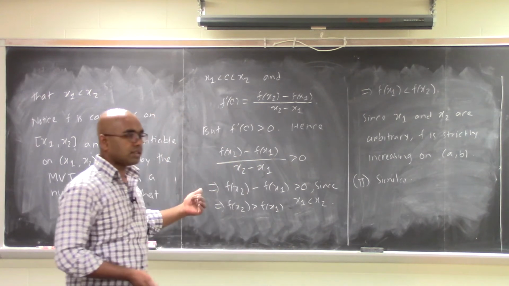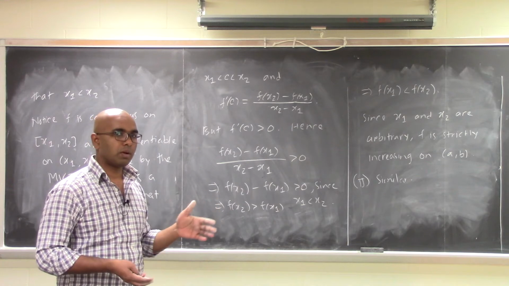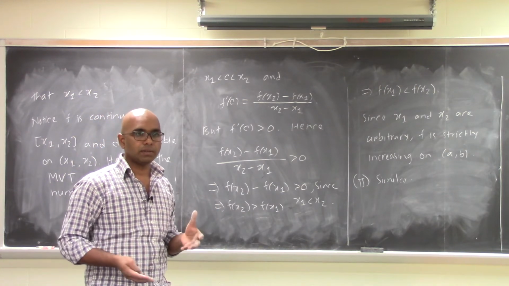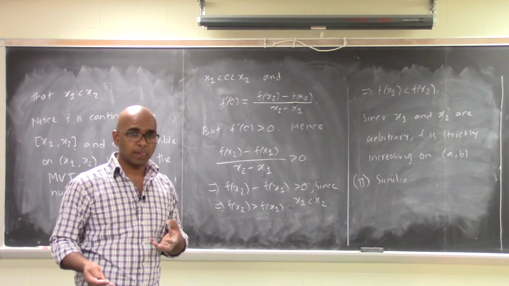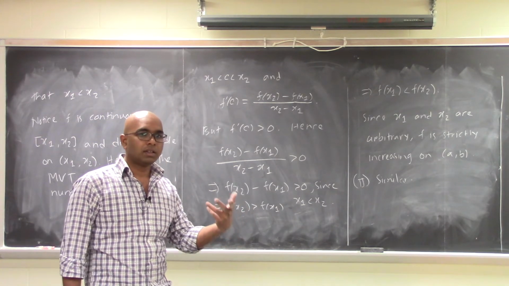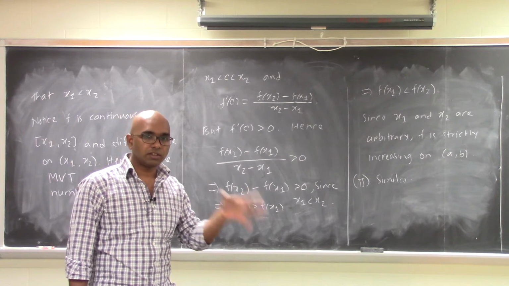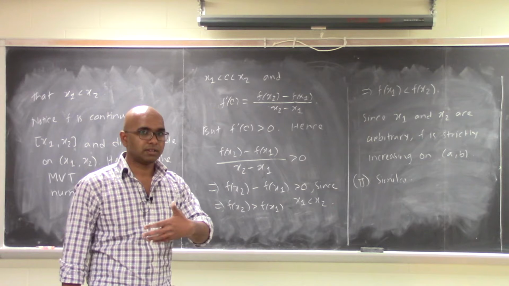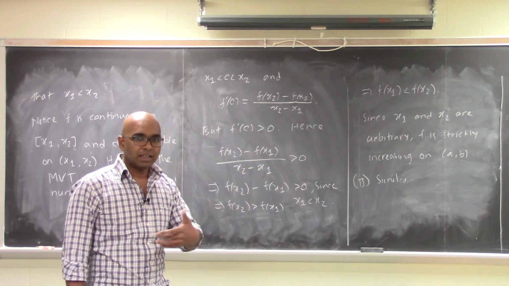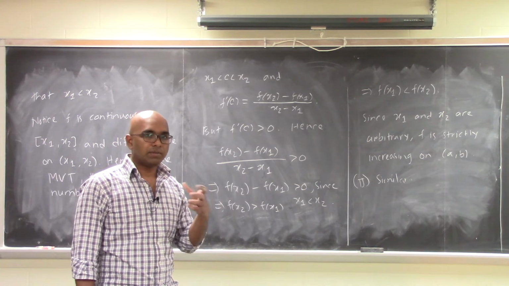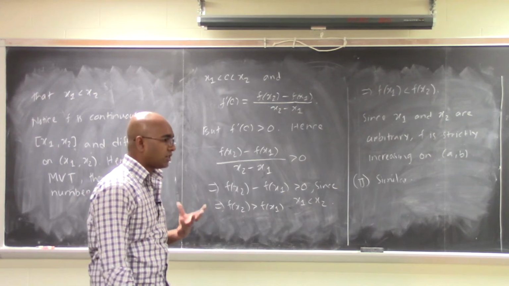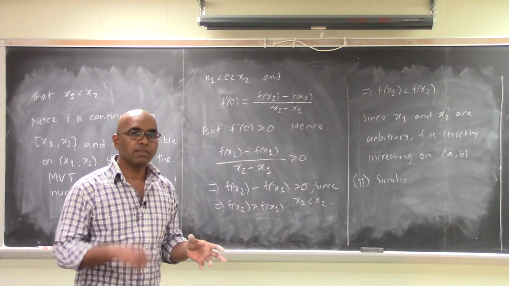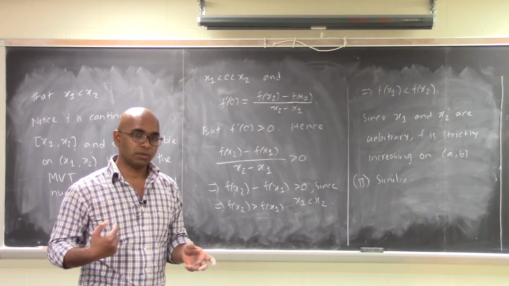But if you look at this statement, it says just one part of that implication. It just says that if the derivative is strictly positive, then the function is strictly increasing. It does not say the other part, does it? It does not. And in fact, that's a very important fact to remember. A function can be strictly increasing even though its derivative is 0.